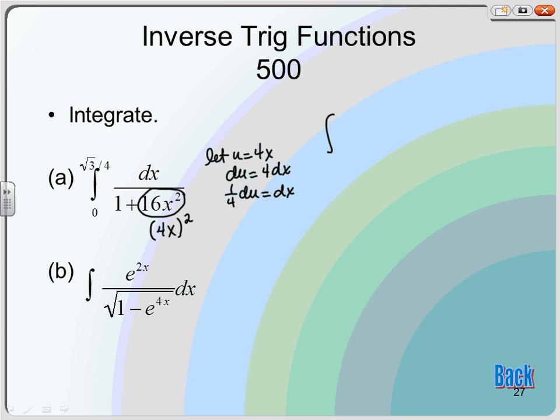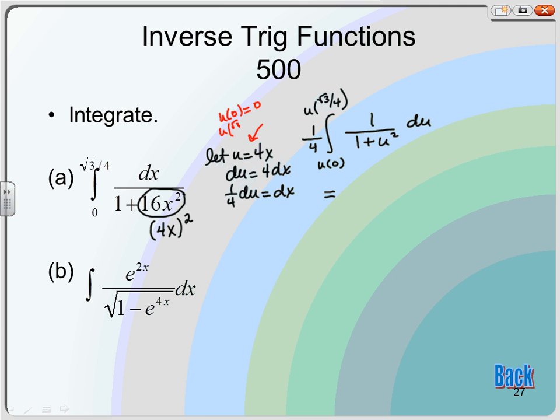So I have u going from 0 to square root of 3 over 4, with the 1/4 out front, over 1 plus u squared with the du. Okay, u of 0, if I plug into this equation here, u of 0 is 0.